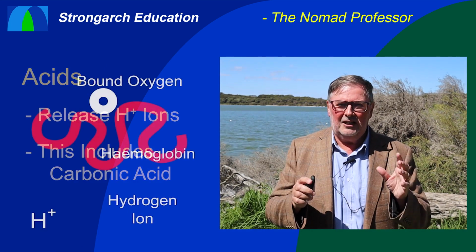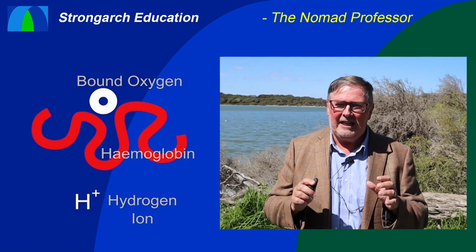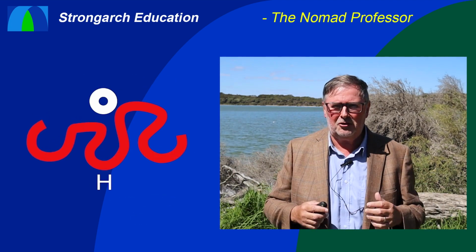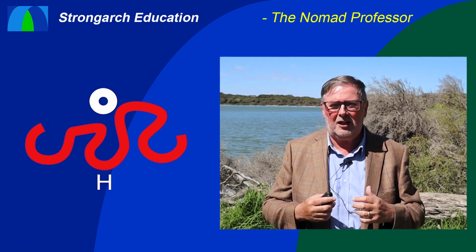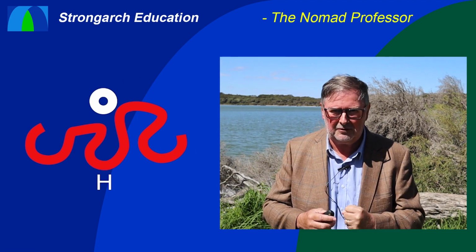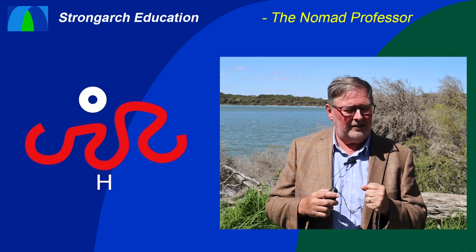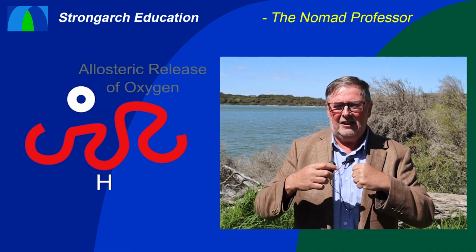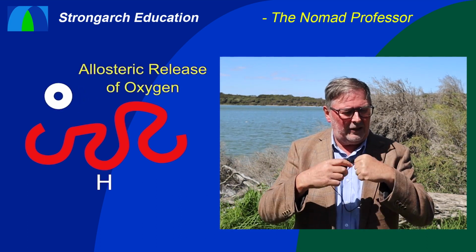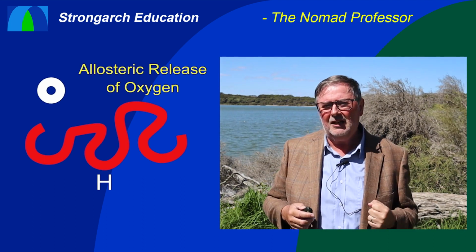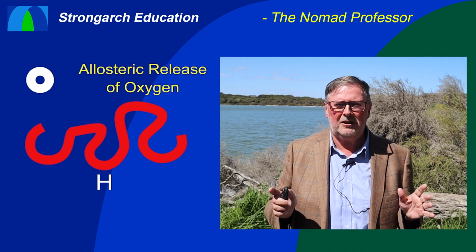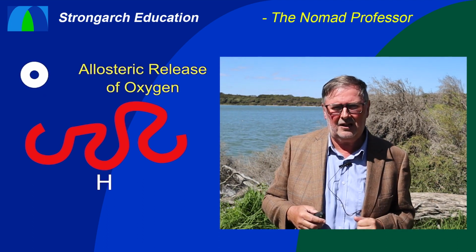The hydrogen ions bind to haemoglobin, and when that happens, the haemoglobin molecule flips into a new shape. In this new shape, the strength of binding that haemoglobin has for oxygen is reduced. That type of shape change in a protein is called an allosteric effect. It's very common in biology. Many proteins have interesting allosteric effects like that.